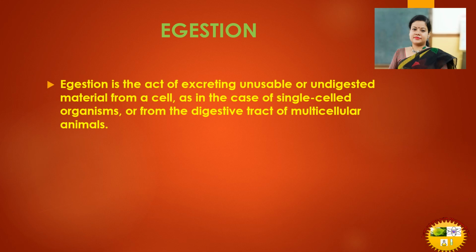Amoeba is a single cell organism. It does not have any organ for digestion. So the cell just expels the undigested food material. And from the digestive tract of multicellular animals like human beings, they expel undigested food material.